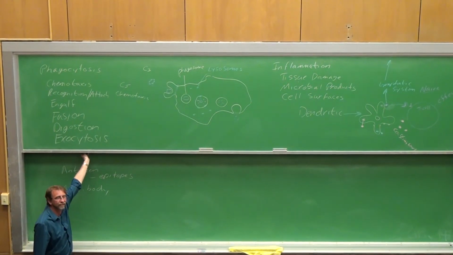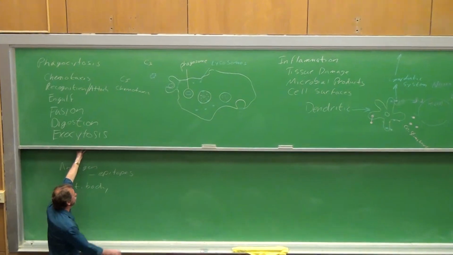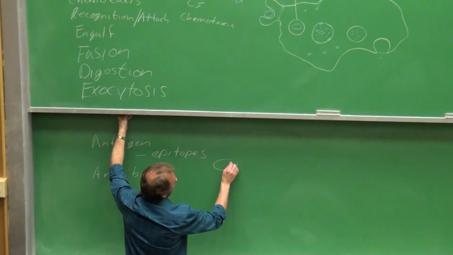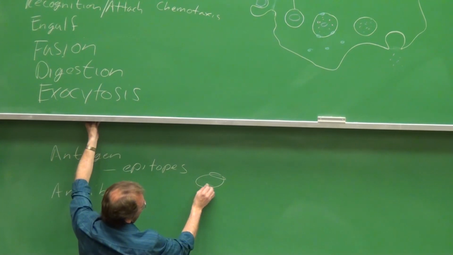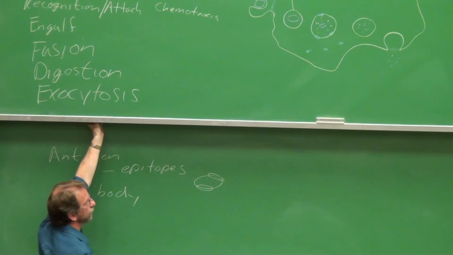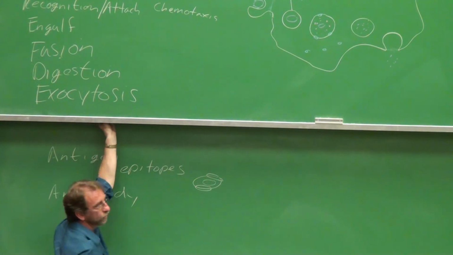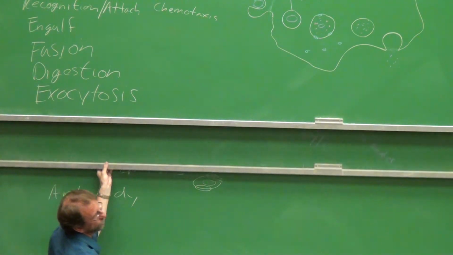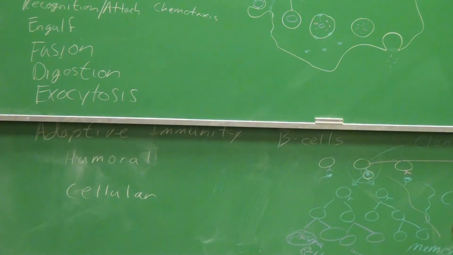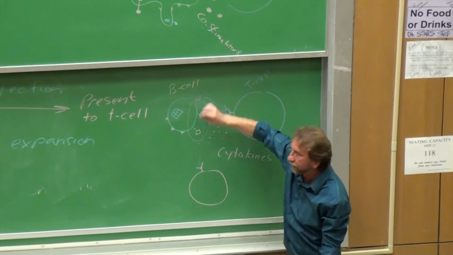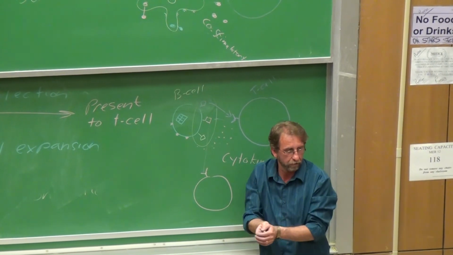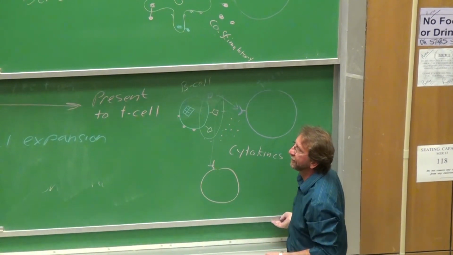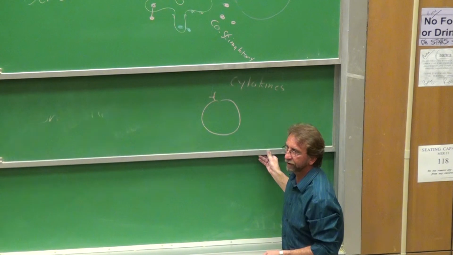Each one of those serves as an epitope. So you can take a bacteria, and this part of it might be a region that serves as an epitope. There might be molecules here that serve as an epitope. There might be something internal that serves as an epitope. So anything that is being presented, the region that is being recognized is the epitope. Anything that is being bound to, the region that is being recognized.